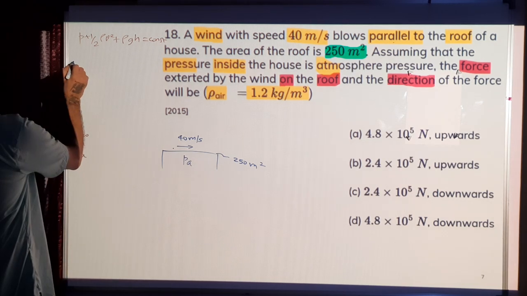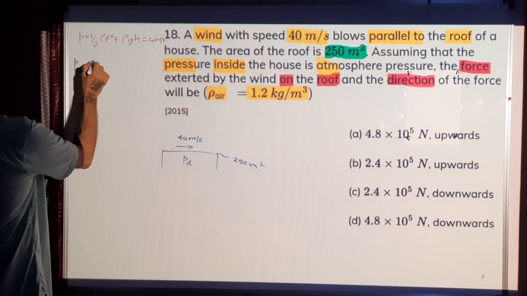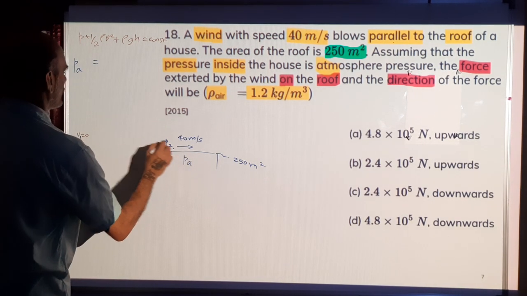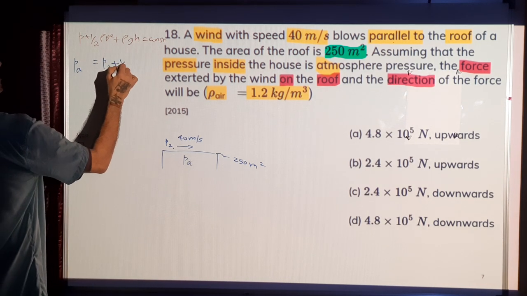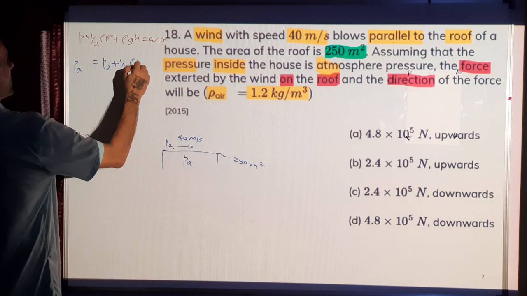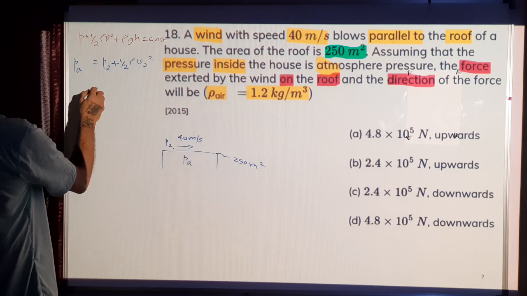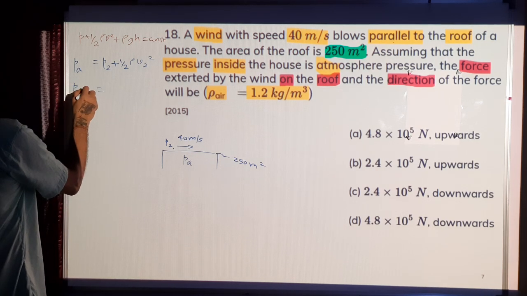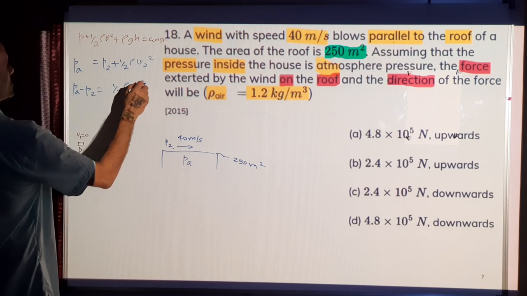Pressure here is atmospheric pressure and the velocity is 0, equal to the pressure at this point, let me call it P2, plus half rho V2 square. From this, I can get PA minus P2 as half rho V2 square.